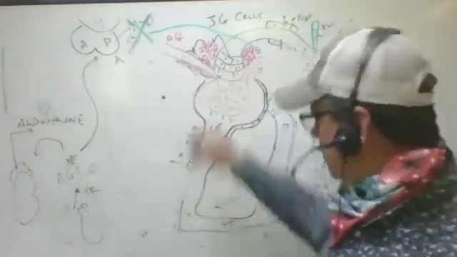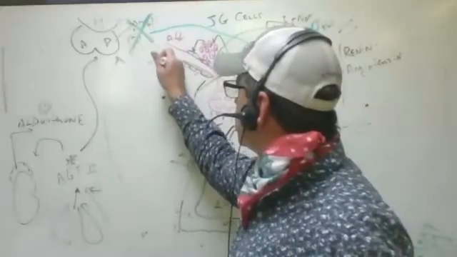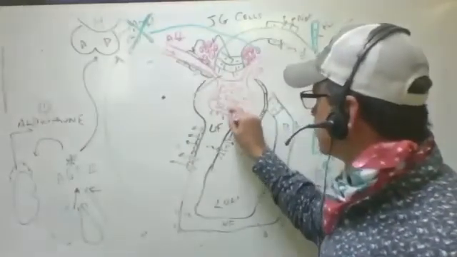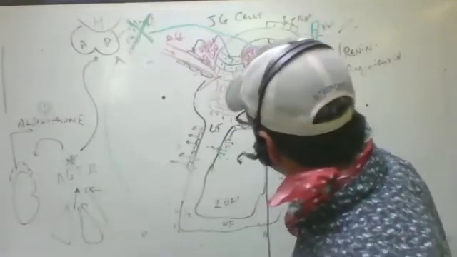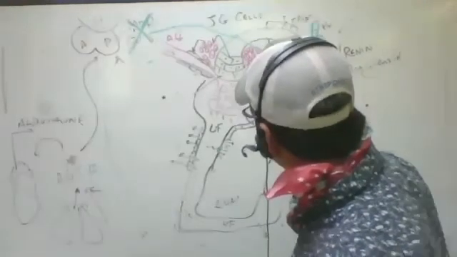This is the afferent arteriole. The blood is coming in here from the heart. The blood goes through the glomerulus and it loses ultrafiltrate. But then some blood is coming out here through the efferent arteriole.